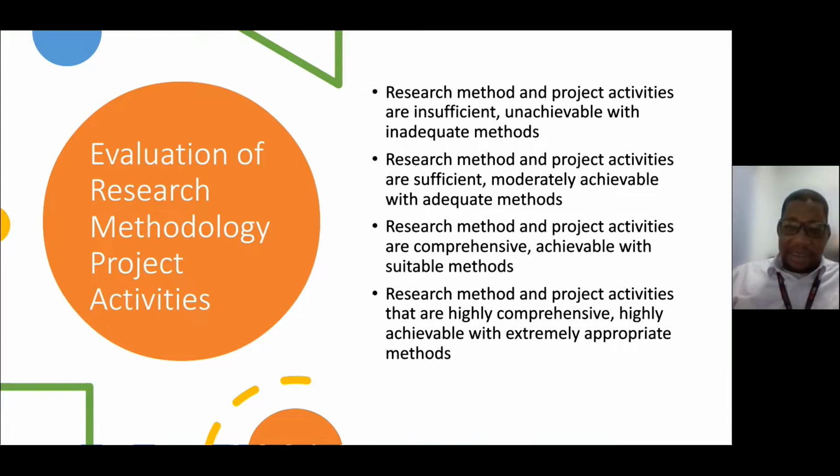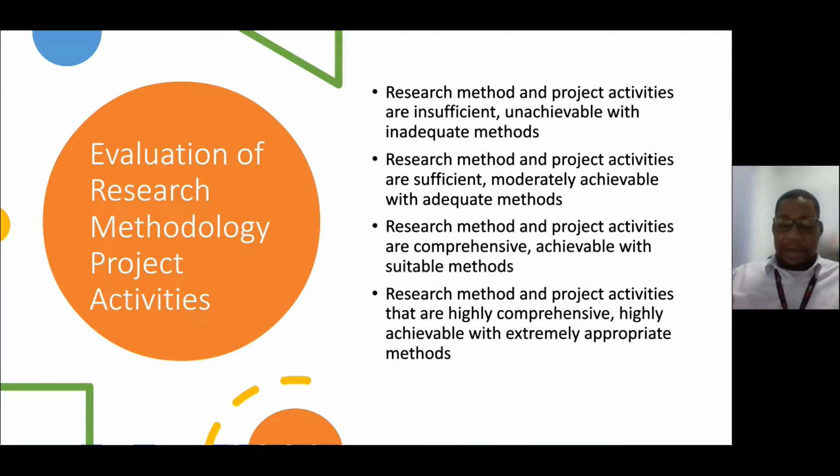The second is research method and project activities are sufficient, moderately achievable with adequate methods. So the project activities are sufficient, but they might not be fully achievable. You have to design your work in such a way that whatever you do must be achievable during your research.